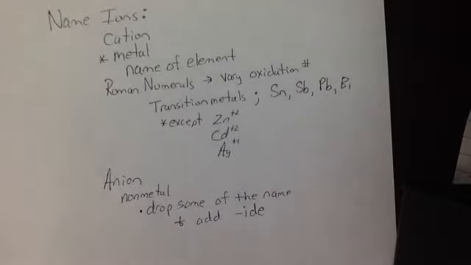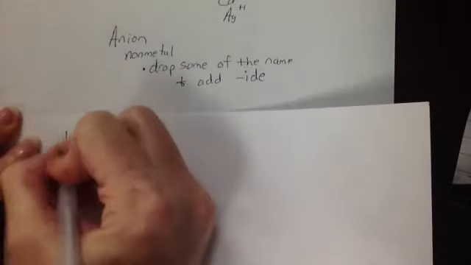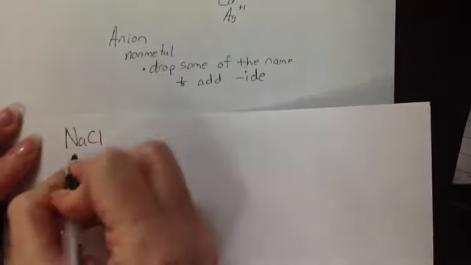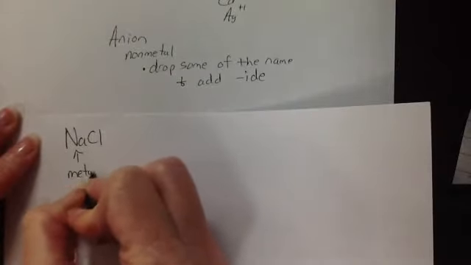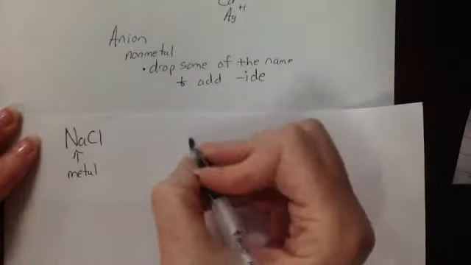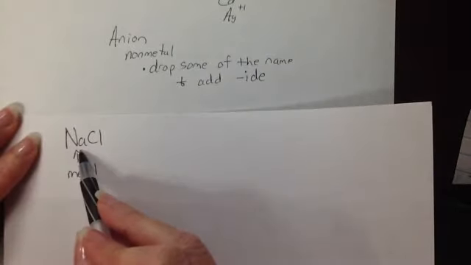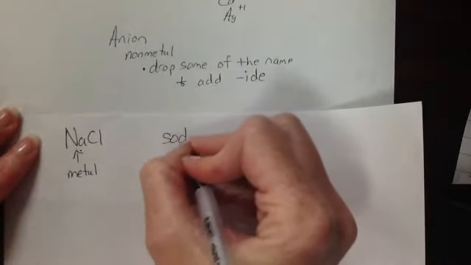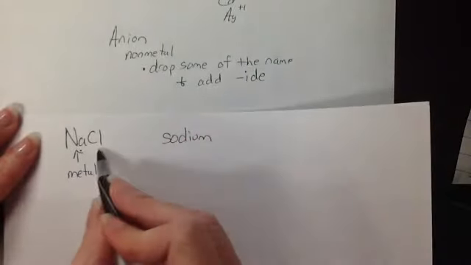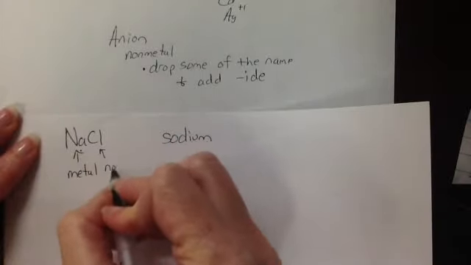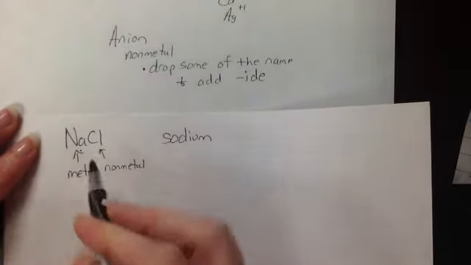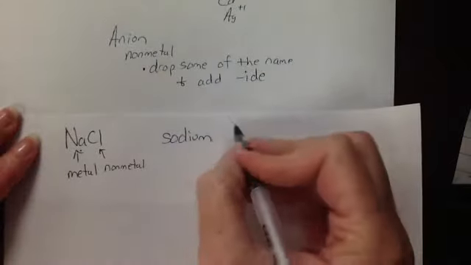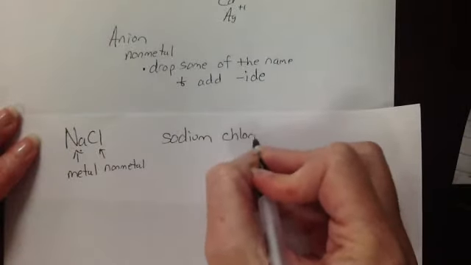Okay. All right, some examples of that would be for ionic, you could have NaCl. This is a metal. So you would just write the name of that metal. You need to check if it's a transition metal or one of the 4 exceptions, and it's not. Sodium is not, so you'd write sodium. And then you have Cl, and this is a nonmetal. So you drop some of the ending and add IDE, so chlorine becomes chloride.